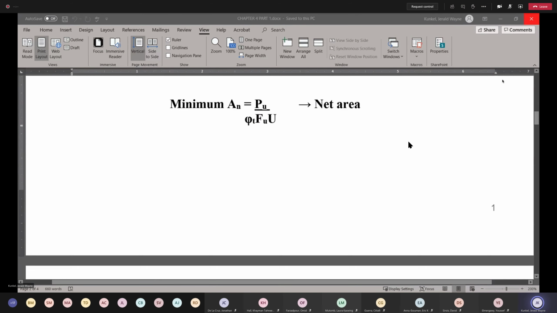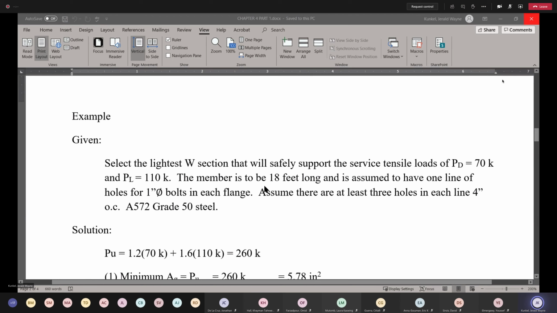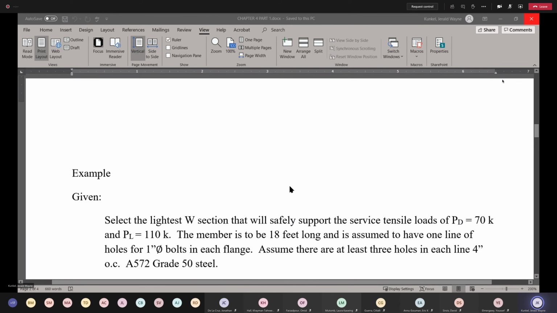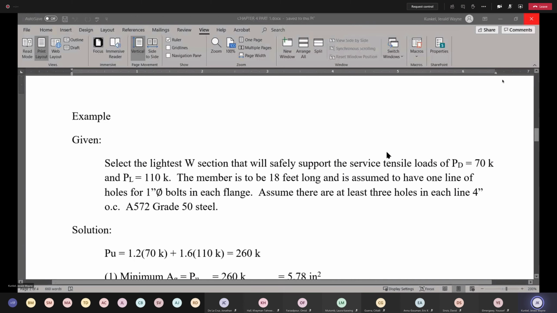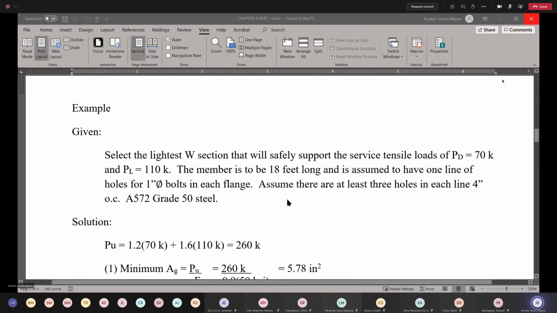So what that 18 feet does is we're going to have to go back and check the slenderness ratio of the member to make sure it doesn't exceed 300. If we have this load in this W section and it's 100 feet long hanging from someplace, then it probably exceeds the slenderness ratio and would not be appropriate to use.